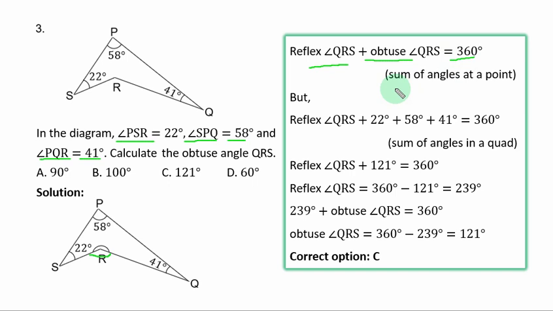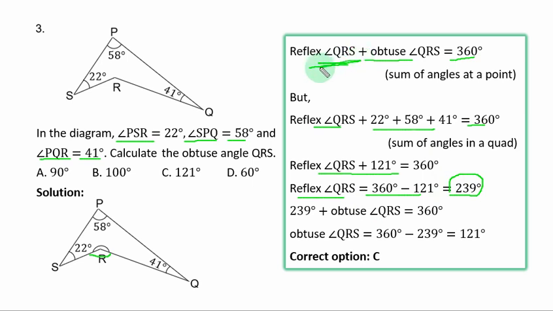But if you add all the angles in the figure, the sum is 360 degrees, sum of angles in a quadrilateral. So you have the reflex angle and the other three angles. That simplifies to this. If you make the reflex angle the subject, you have this expression, and when you subtract, you get 239 degrees.